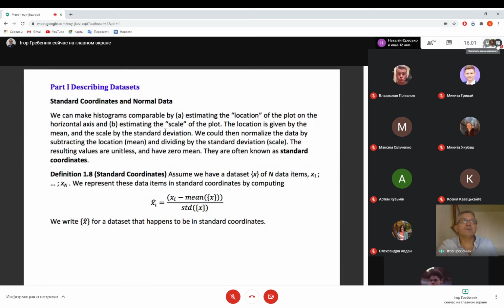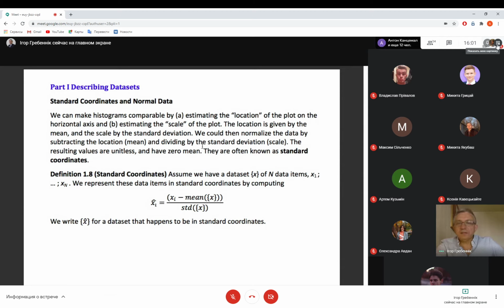Having these two characteristics, we have two tools for changing the data. We can move data by changing the mean, and we can change the width of the histogram by changing the standard deviation.